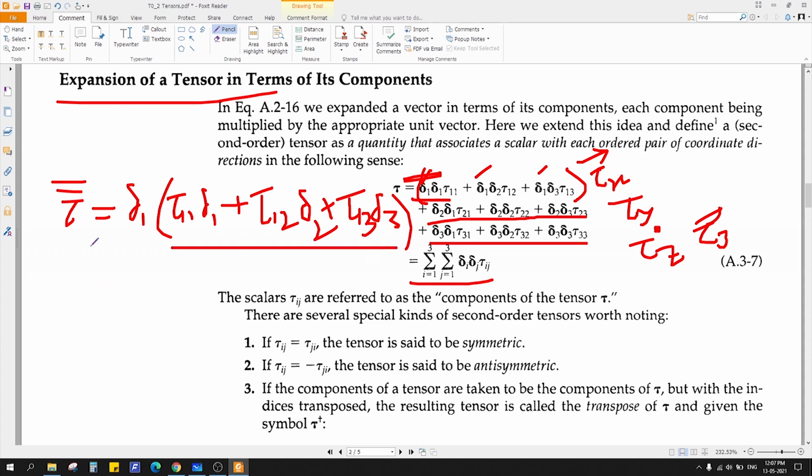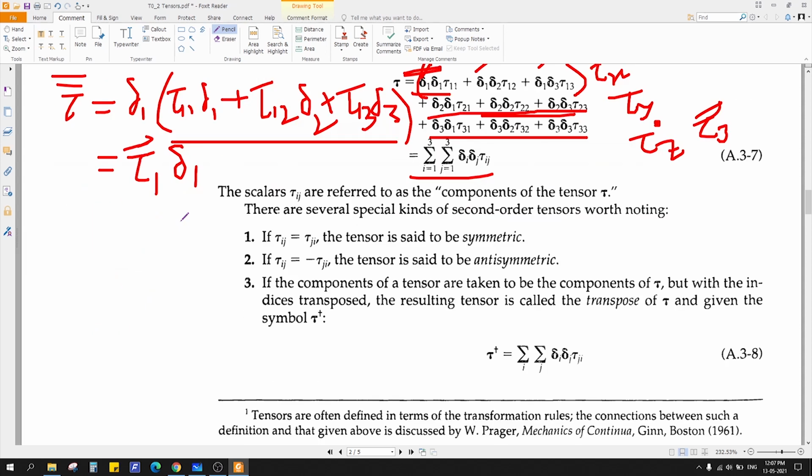So you can say this is your tau 1 delta 1. So tau 1 is vector. Okay. Similarly, you can write tau 2 vector as this one.